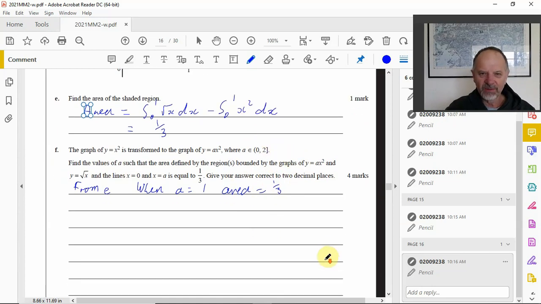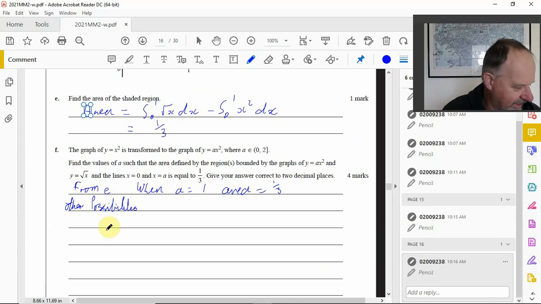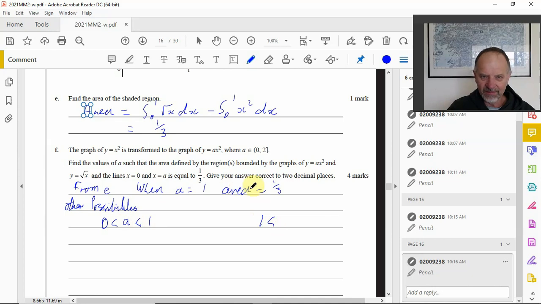So our other possibilities are between 0 and 1, and then from 1, and a is up here, so I'm not including it, but we could have 2. All right, so what we are looking at then is values of a.